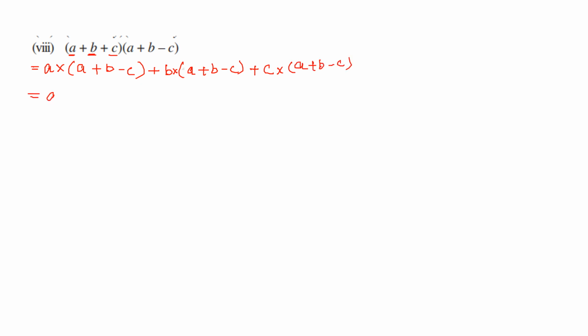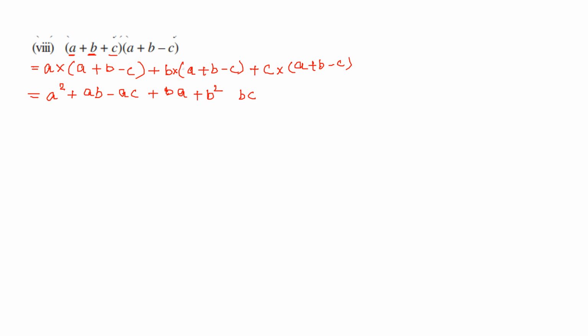So a into a will give a square, plus a into b will give ab, minus a into c is ac, plus b into a is ba, plus b into b is b square, and b into minus c is minus bc.